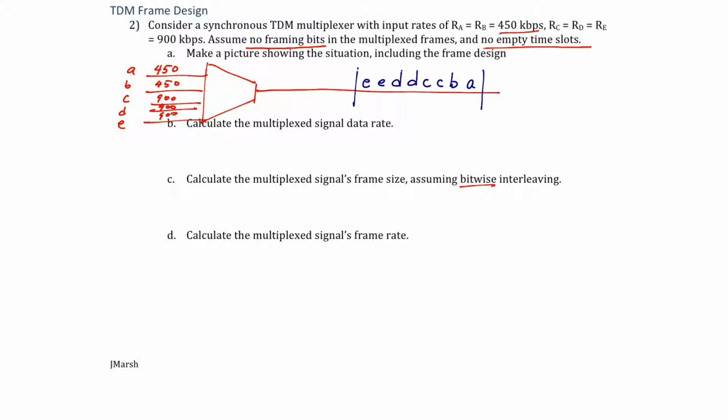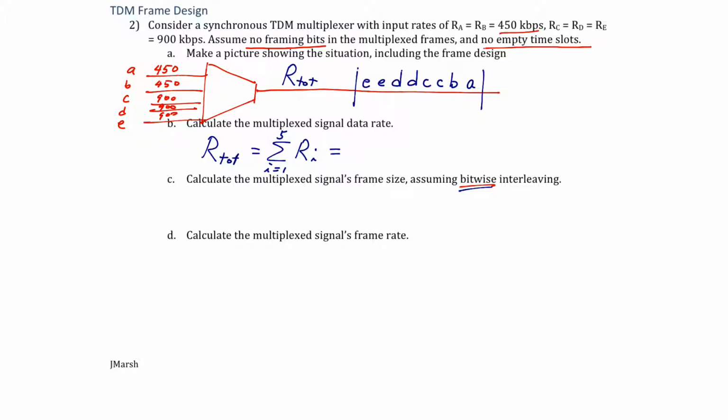Our A's, B's, C's, D's, and E's up to this point could stand for a byte or a bit. As I say, eventually they're going to ask us to do bitwise interleaving. And with no framing bits, the multiplex signal rate, our total, is just going to be the sum of the input data rates, sum of R_i from i equals 1 to 5, let's say.